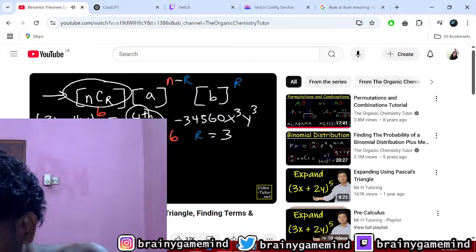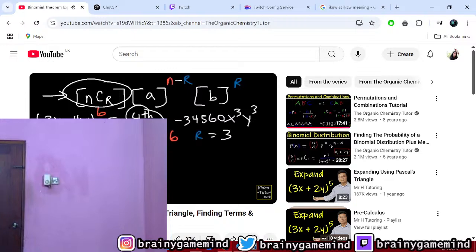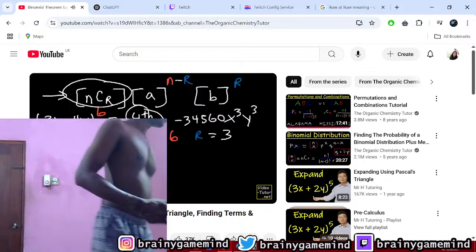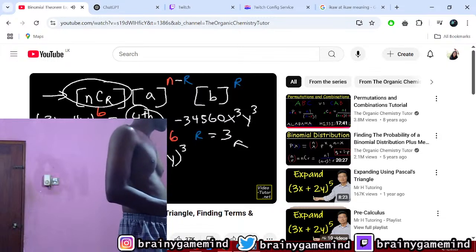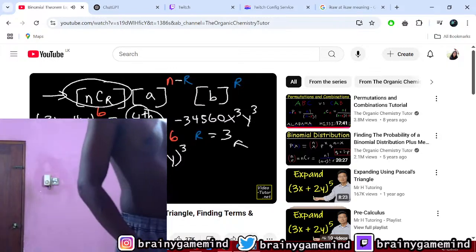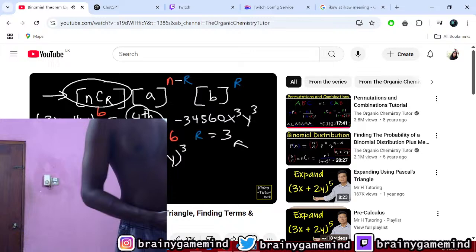It's going to be NCR, which is 6C3 times A. A is basically 3x, raised to the n minus r, which is 6 minus 3, times b, which is negative 4y, raised to the r power, which is 3. And 6C3 is 6 factorial, divided by n minus r, which is 6 minus 3 factorial, or 3 factorial, times r factorial, which is also 3 factorial.